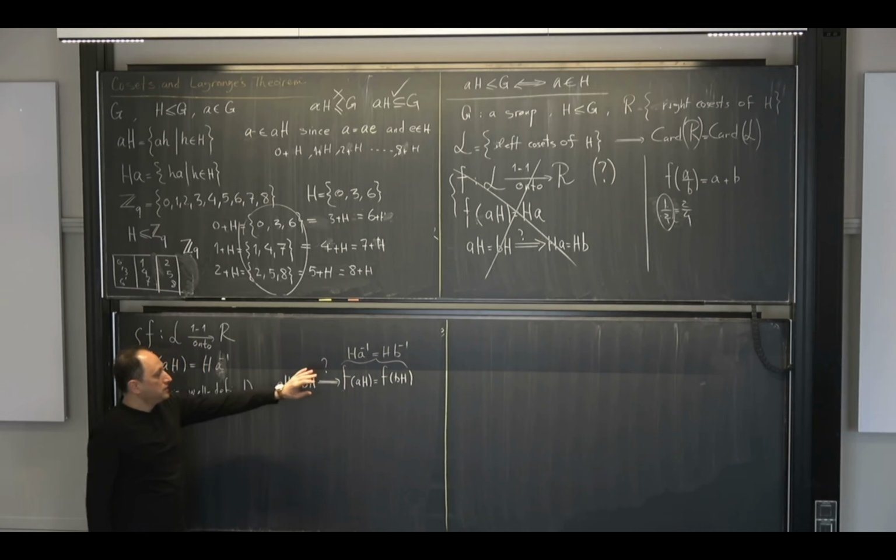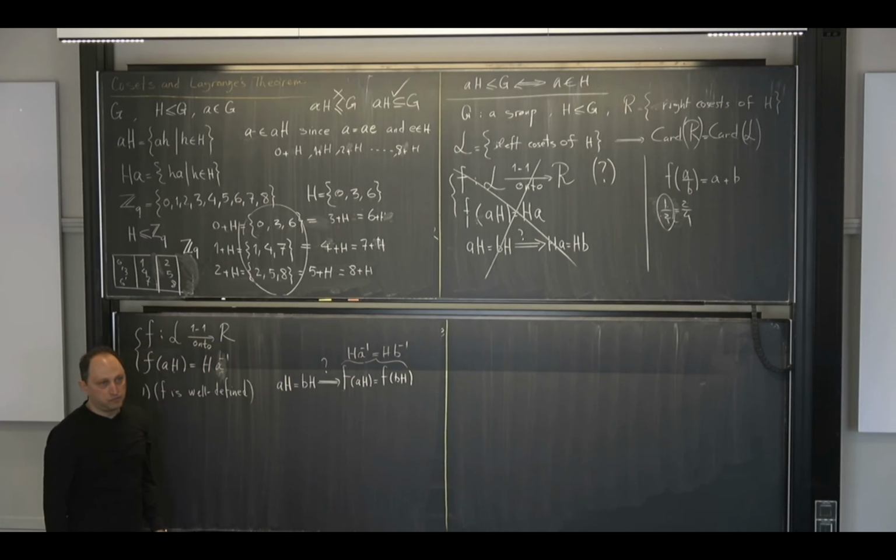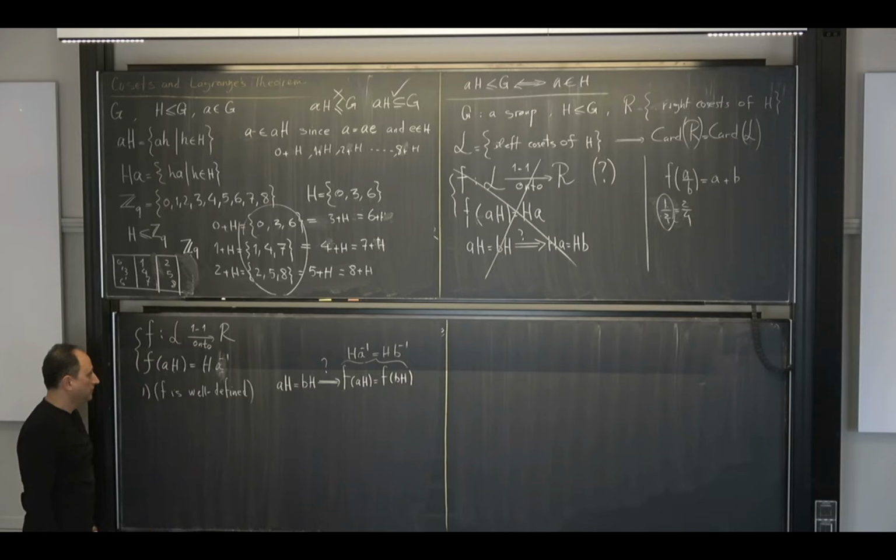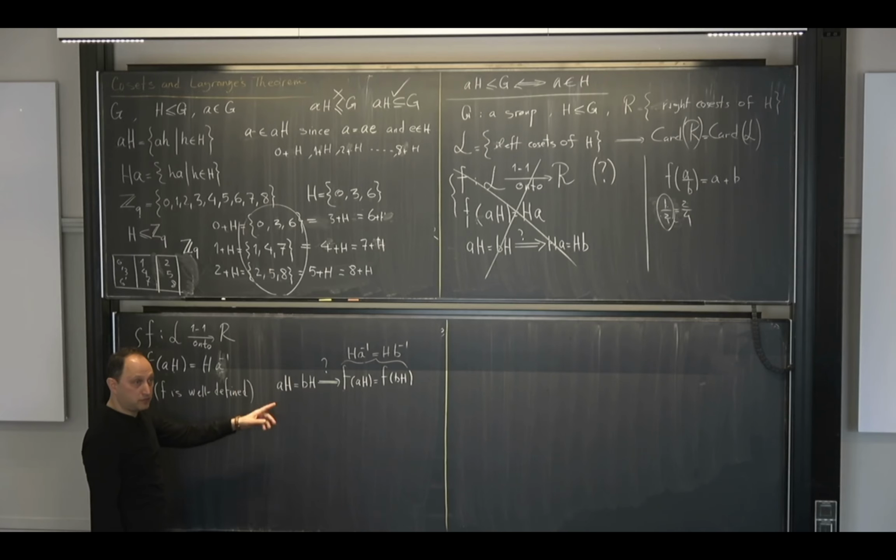How should I prove this in general? If you expand the functions, you can do it by cancellation. No, cancellation is only for elements, not for sets. So, for example, I cannot cancel H's.